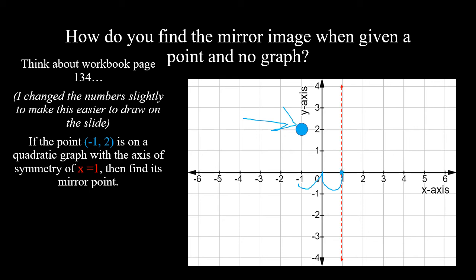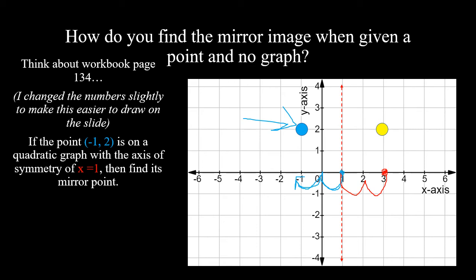So from our axis of symmetry, we had to go over 2 to the left, okay? Using that logic, that means we're going to have to jump 2 away from the axis of symmetry on the other side, which puts us here. And our y-coordinate is going to be exactly the same. So our mirror image will be at 3, 2, okay?